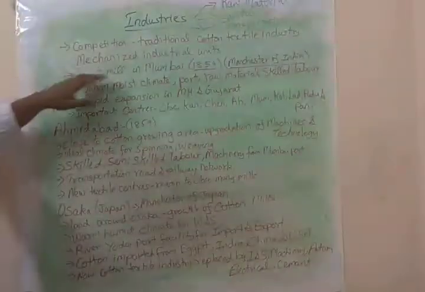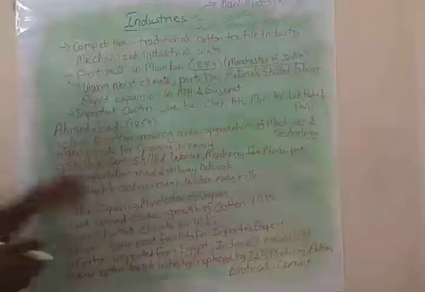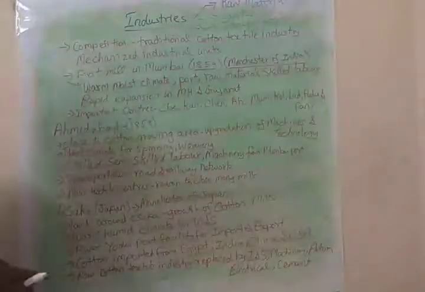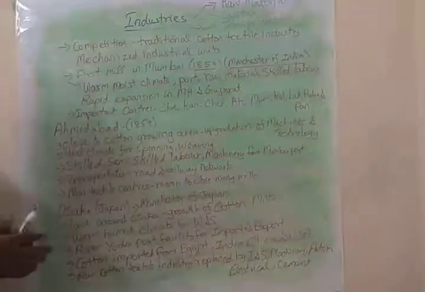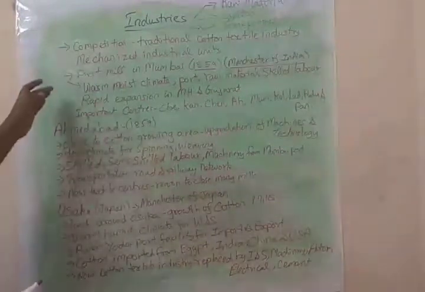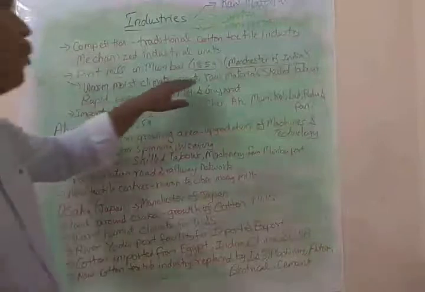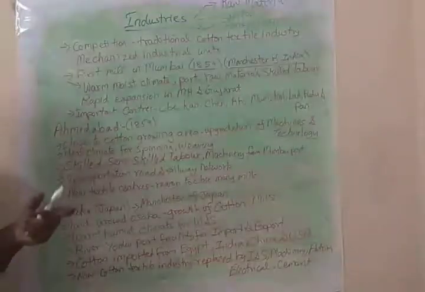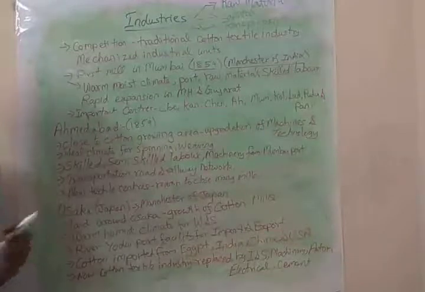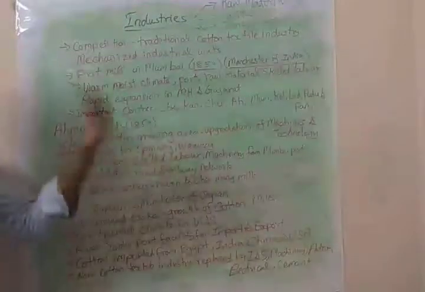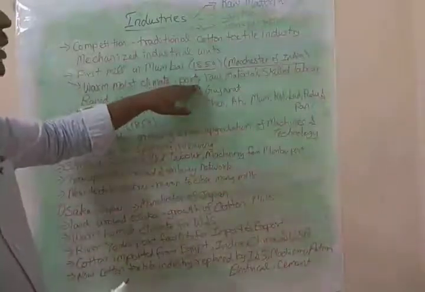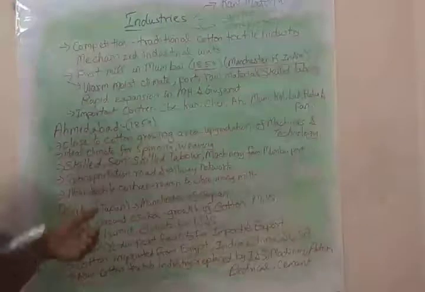The main reason for the first mill to be started in Mumbai is the warm, moist climate. Warm, moist climate is very important for spinning and weaving of cotton, and also the port facility, so that they can easily import raw materials, and if they want to import machinery from other countries, that is also very easy through the shipping port.